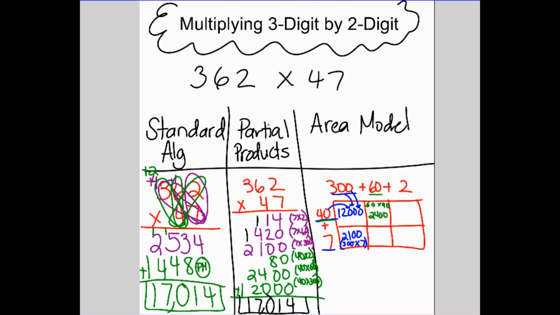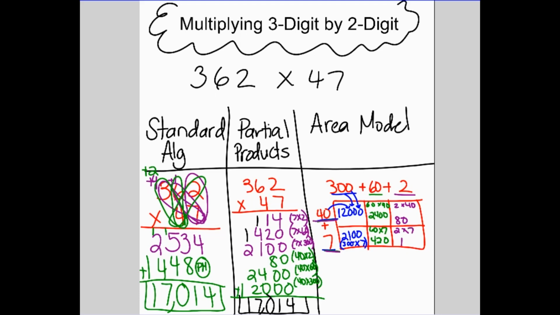All right, our next one is going to be 60 times 7. That'd be 42 with 1 zero attached. Now moving on to our 2 times 40. That would be 8 with a 0 attached. And lastly, 2 times 7.